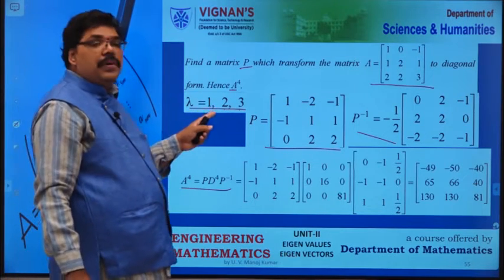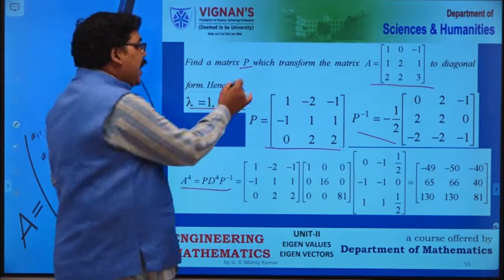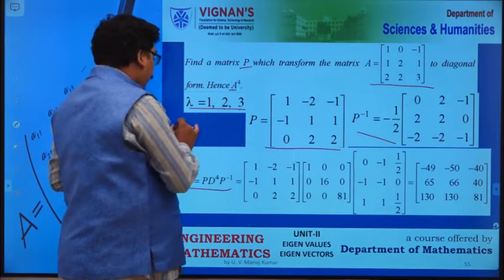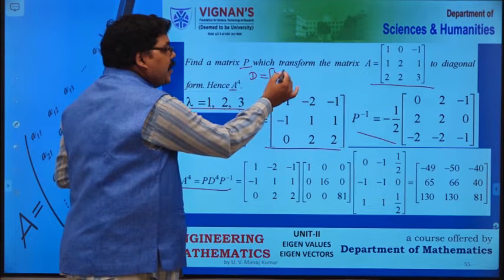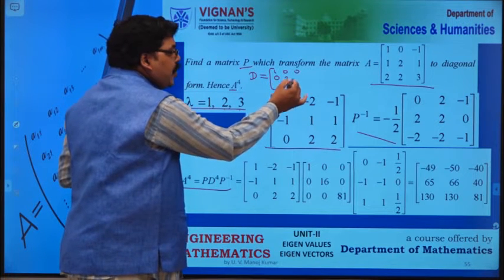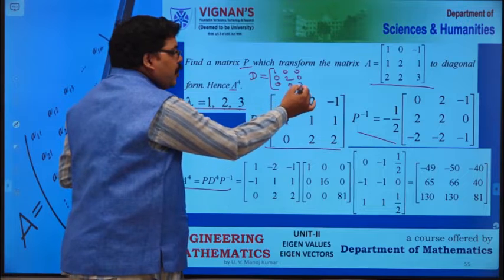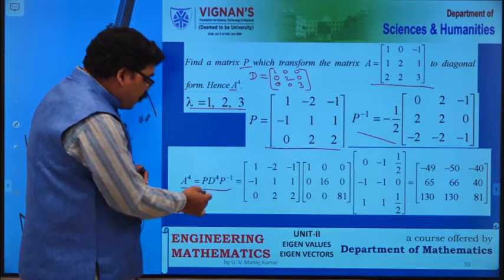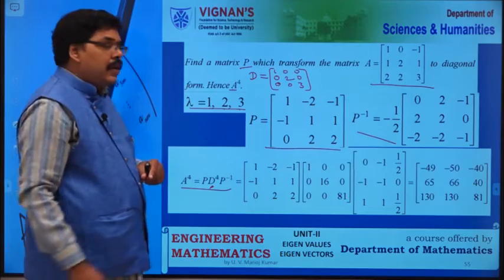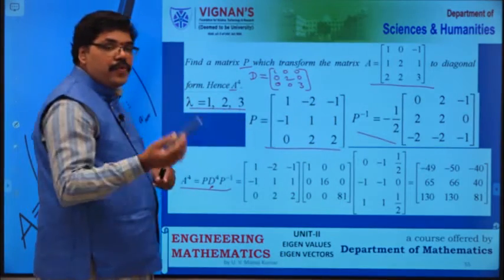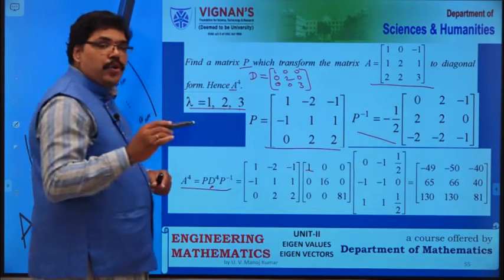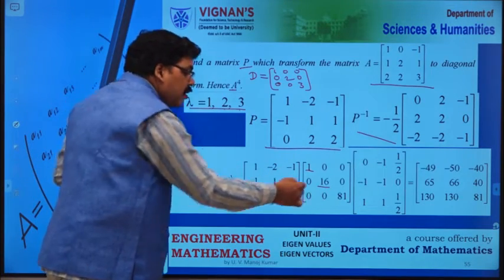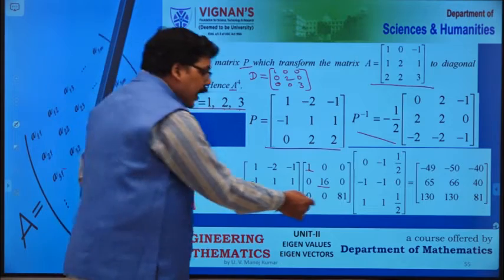Once you know the eigenvalues, diagonal matrix D will be 1, 0, 0, 0, 2, 0, 0, 0, 3. Now raise these elements to the power 4. 1 power 4 is 1, 2 power 4 is 16, 3 power 4 is 81.